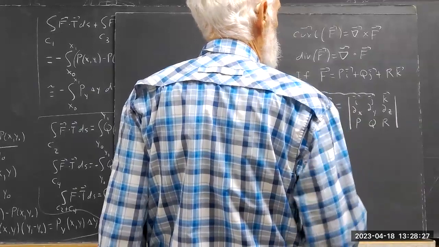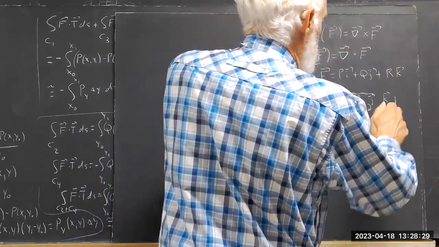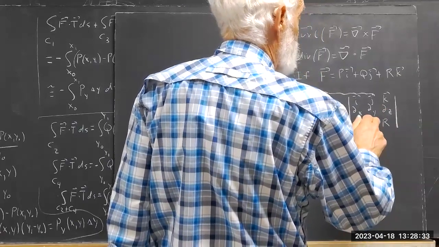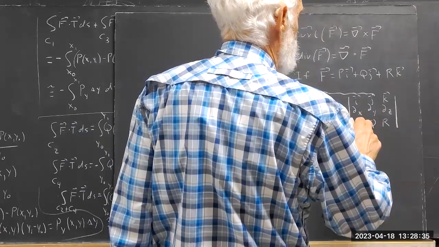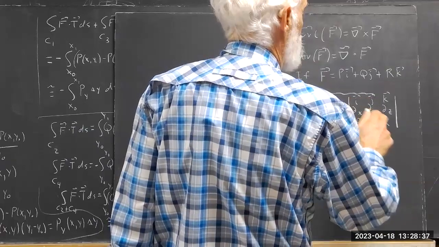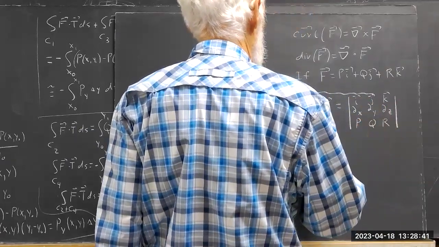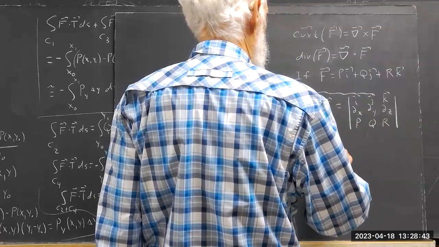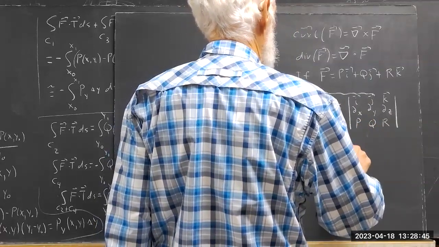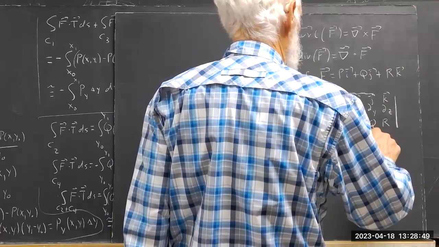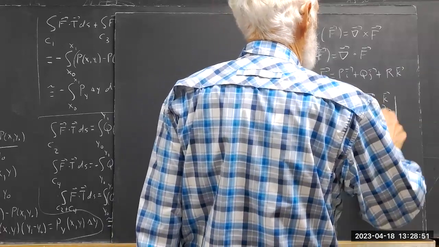It turns out to be equal to what? I times the partial of R with respect to Y minus the partial of Q with respect to Z. Then it becomes J times what?